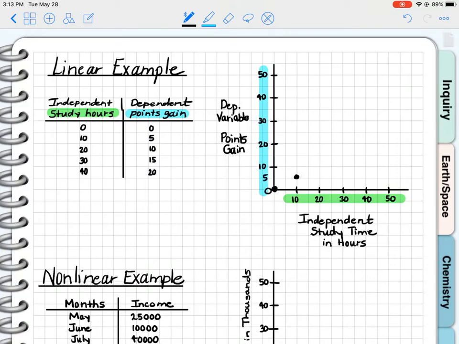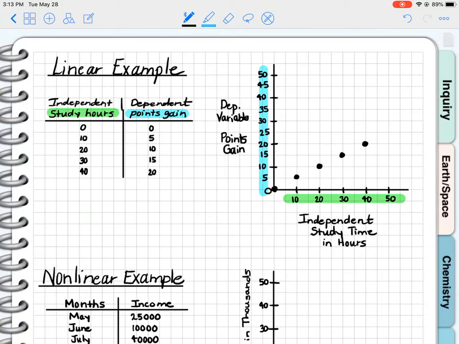Here's the 5, 10, 15, 20, 25, 30, 35, 40, and 45. So 10 hours, 5 points. 20 hours, so over to 20 and up to 10. 30 hours and then up to 15. 40 hours and up to 20.